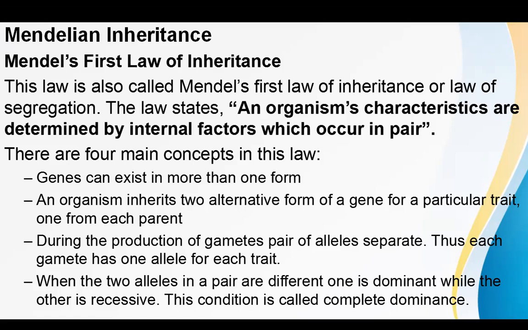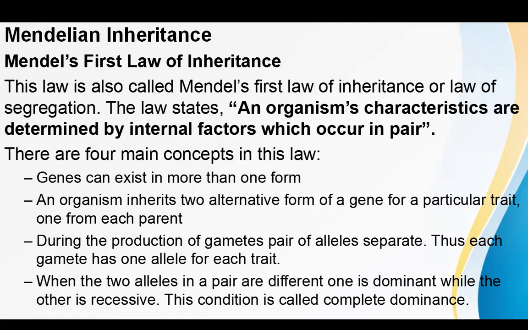The second is that an organism inherits two alternative forms of a gene for a particular trait, one from each parent. So a new offspring inherits two alternative forms of a gene for a particular trait from each of its parents.